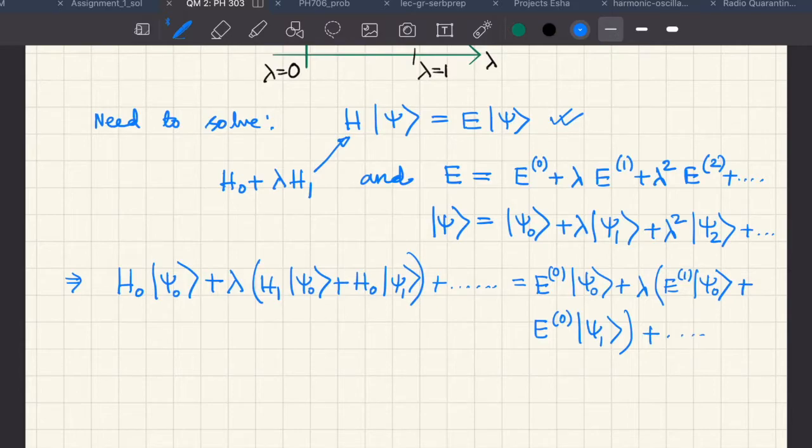And then of course higher order terms in lambda. That's what you are going to get. That means we are just writing this equation up to order lambda.